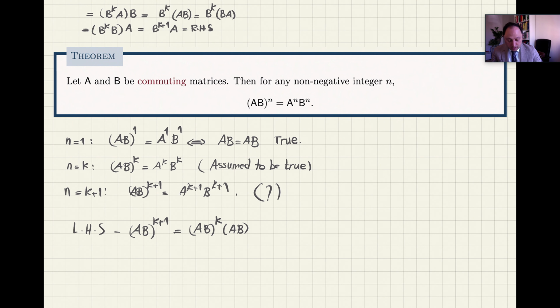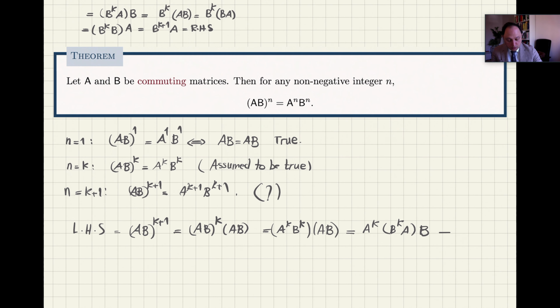But this one, according to the hypothesis of this induction, should be equal to A to the k, B to the k. So it becomes A^k B^k, and then I have AB. Then what should I do? I can use associativity to put a pair of brackets around the middle pair.